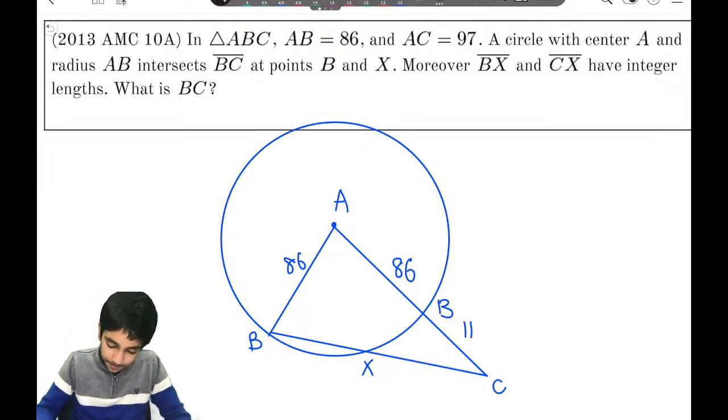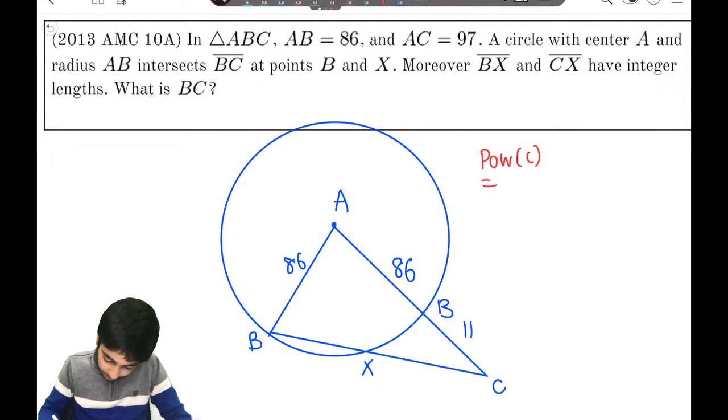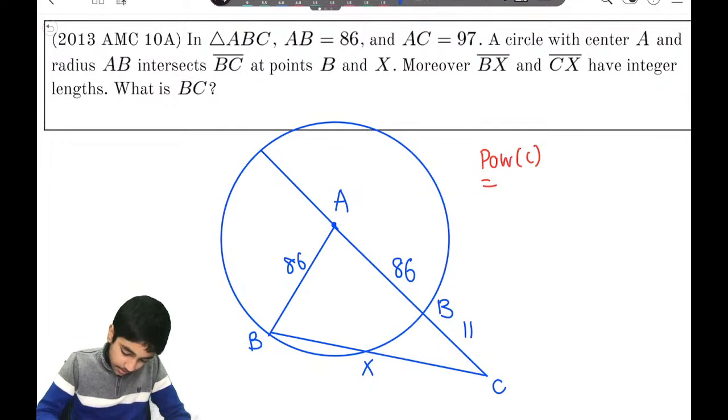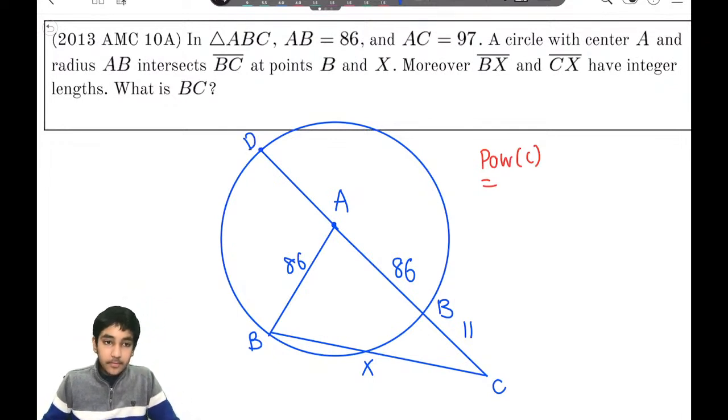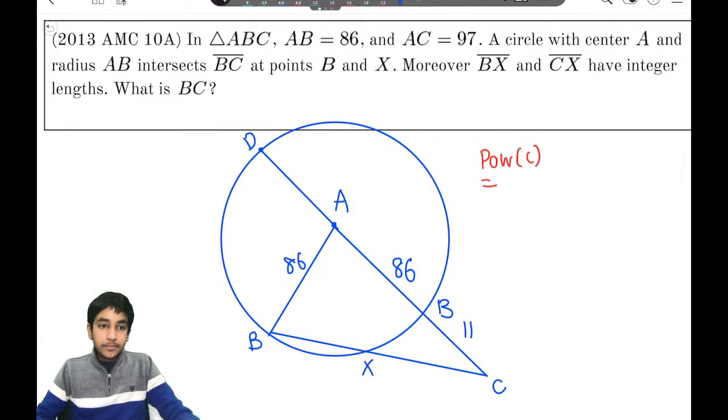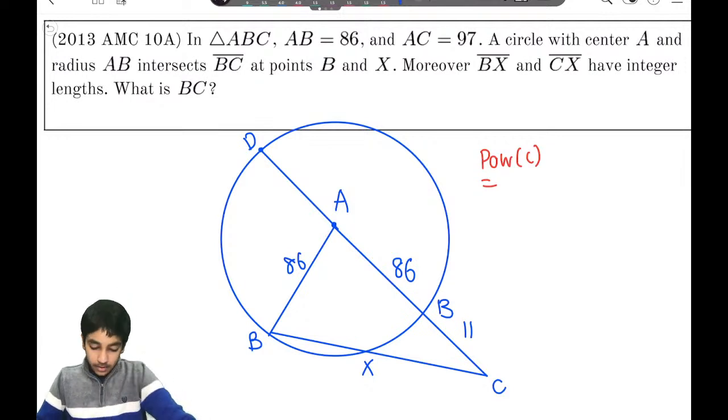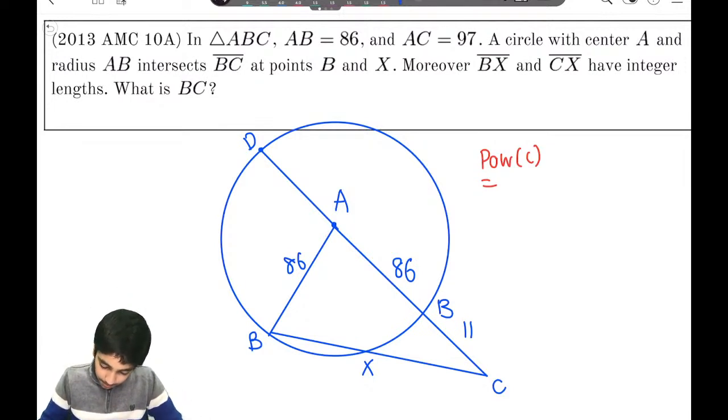So what we can see is that the power of C is equal to BC. Well, let's just extend this point to D. So we can have the power of C is equal to BC times CD.